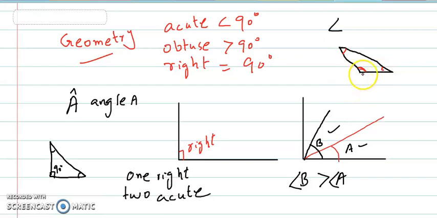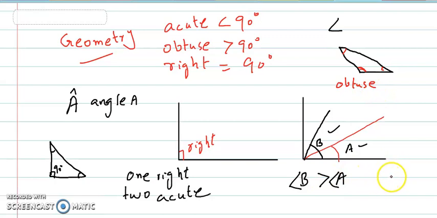So you can also have an obtuse angle in a triangle, but in one triangle there can be only one right angle and two acute, or one obtuse and two acute angles. We cannot have two obtuse or two right angles.